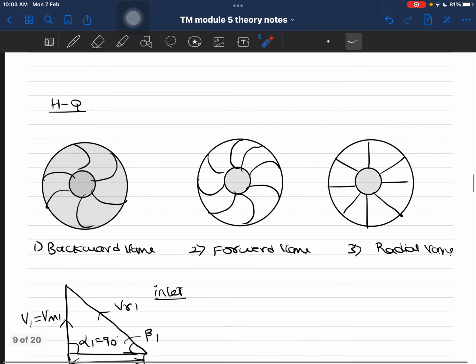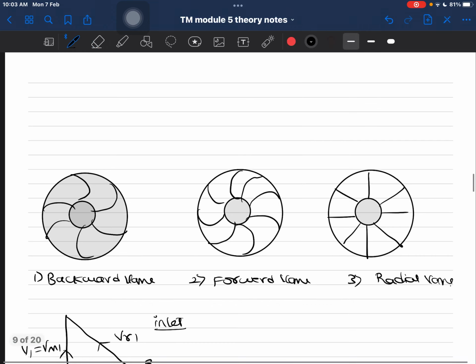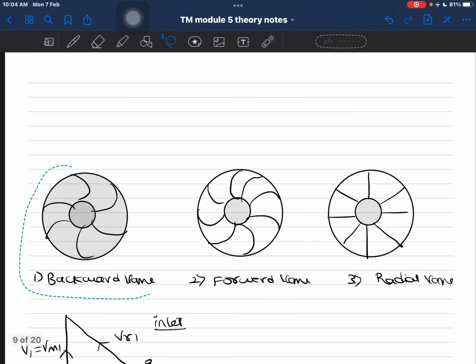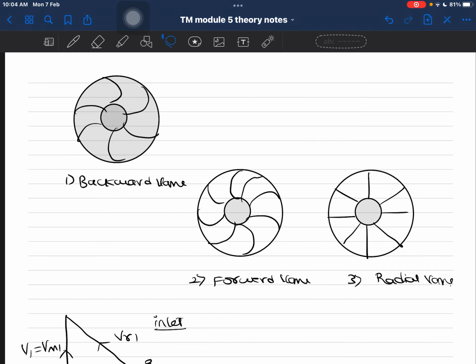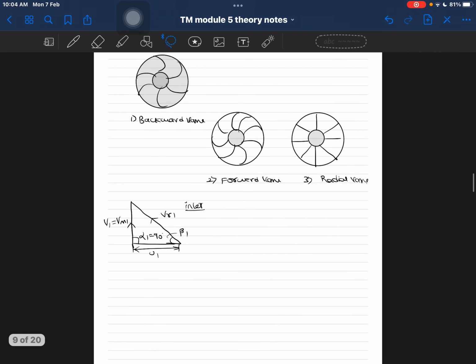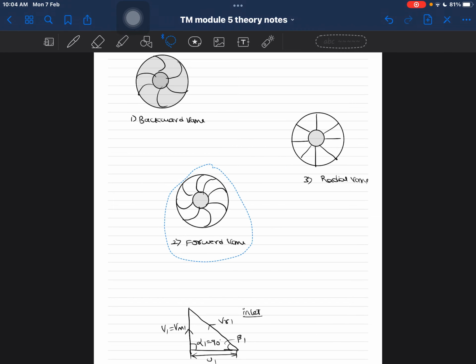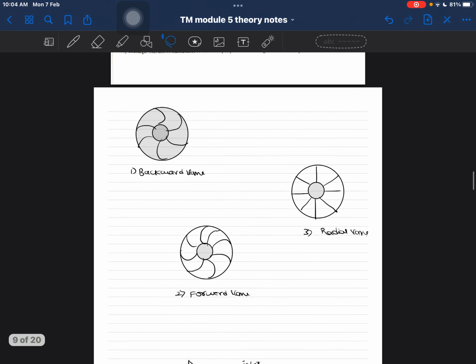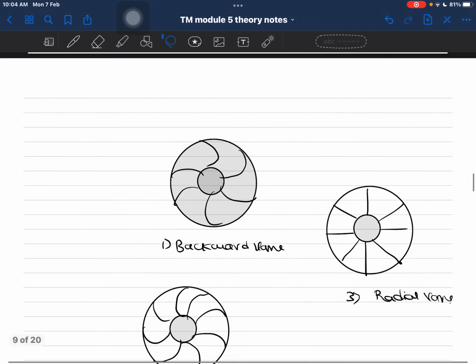For example, if it is a backward vane, how would the velocity triangle look? The velocity triangle would be something like this. I'll just shift things up here. This is a backward vane.